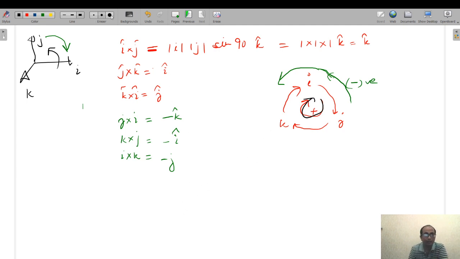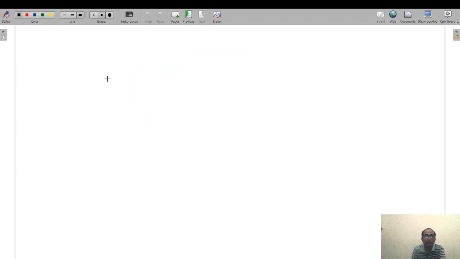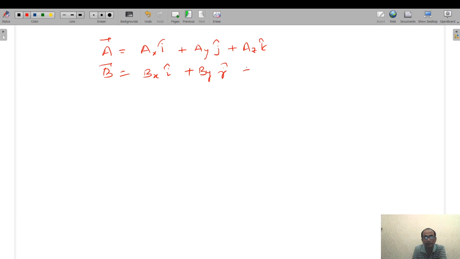Fine. Now multiplying a vector in Cartesian form. So if you have two vectors, say vector A is given by AXI plus AYJ plus AZK, and vector B is given by BXI plus BYJ plus BZK, and if you have to find A cross B, which would be your resultant vector, so this would be given by what?